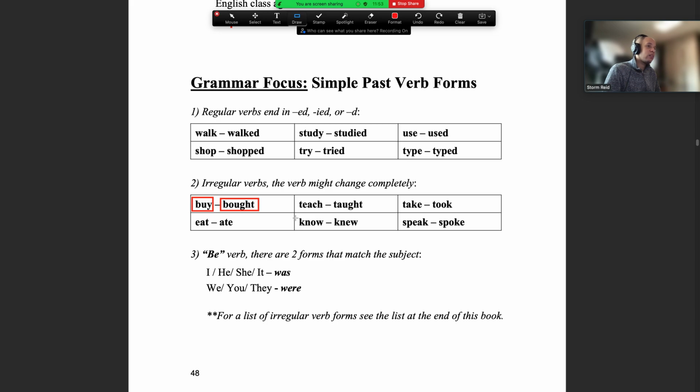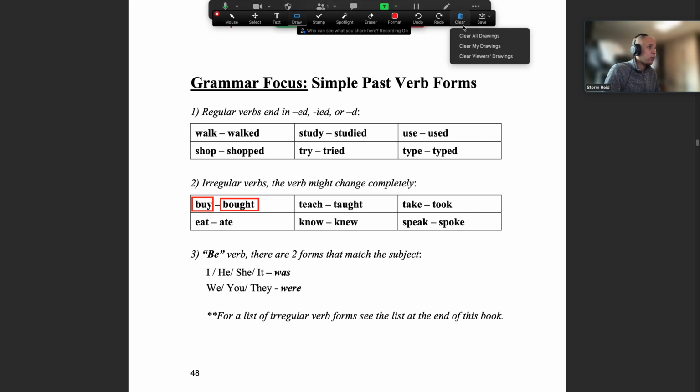But here are some examples: buy, bought, eat, ate, teach, taught, know, knew, take, took, speak, spoke. These are some nice, easy ones. Again, you just need to remember the words. So, best thing is, in this book, in this class, use the list at the end of the book, and that will help you.